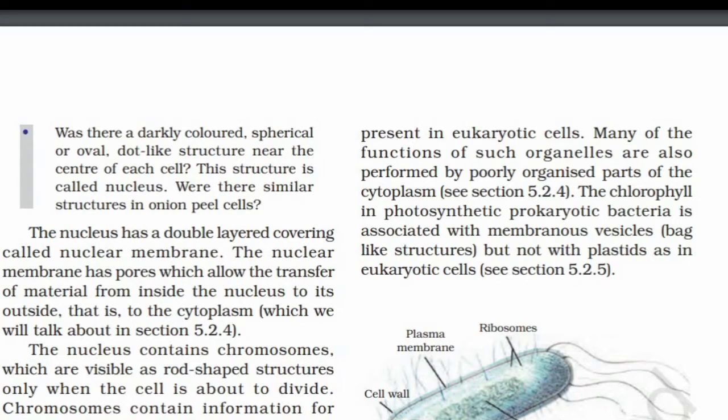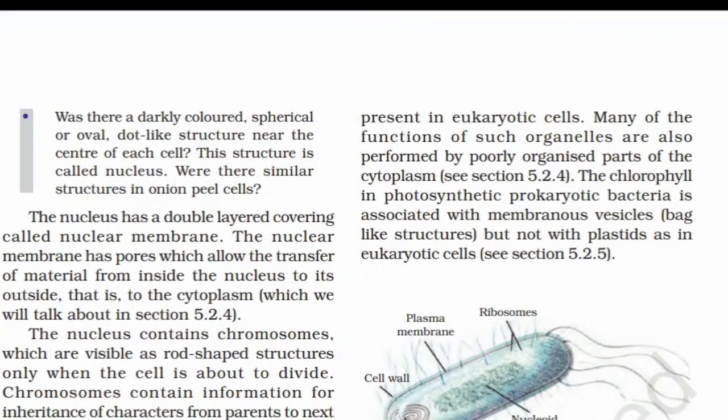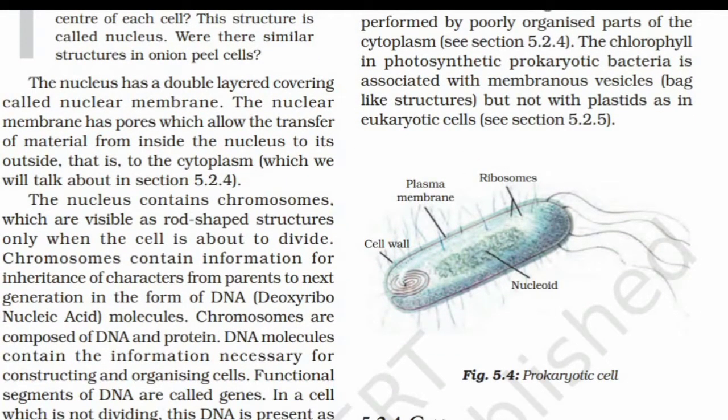The nucleus contains chromosomes which are visible as rod-shaped structures only when the cell is about to divide. Now what is the nucleus made up of? Chromosomes. And what are chromosomes? Chromosomes are rod-shaped structures and they are visible only when the cell is about to divide. Chromosomes contain information for inheritance of characters from parents to next generation in the form of DNA, deoxyribonucleic acid molecules.